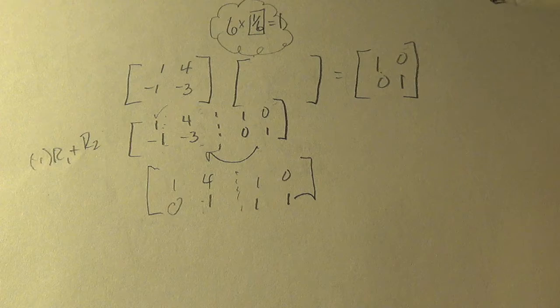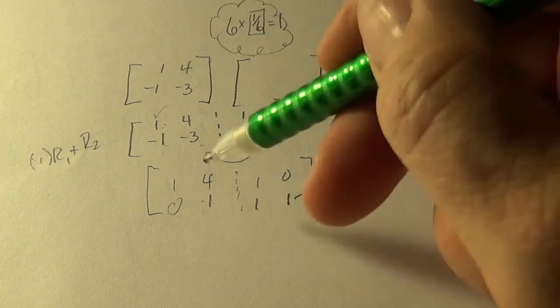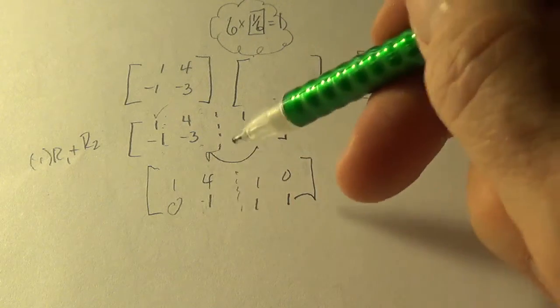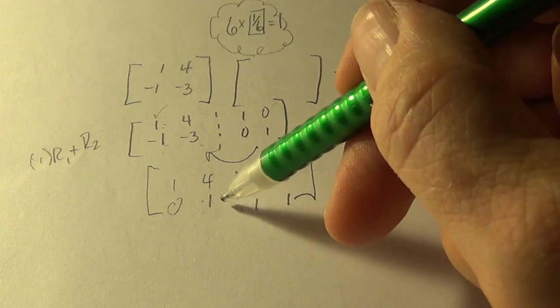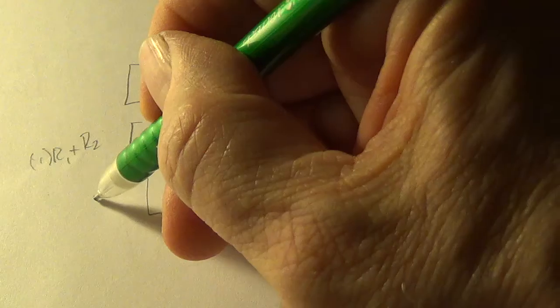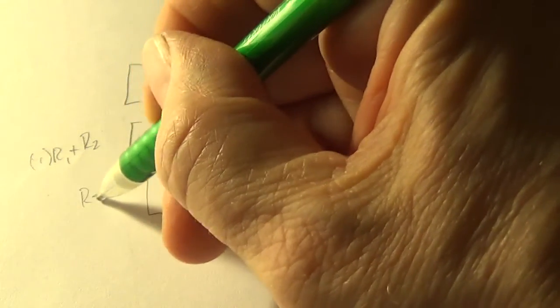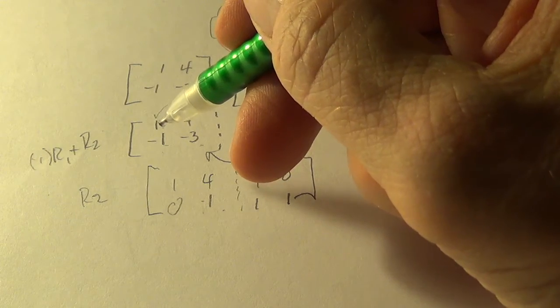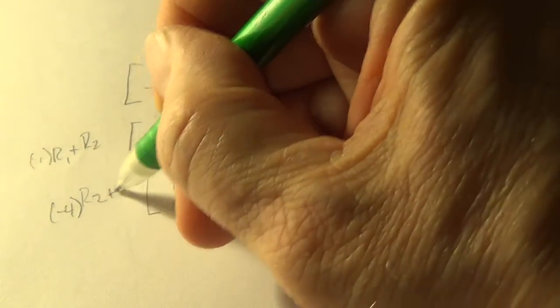Alright, so now I see I have a 1 and a 0, I have this 1, I only have to change this to be a 0. So the way I do that is I take row 2, multiply it by -4, and add it to row 1, replacing row 1.